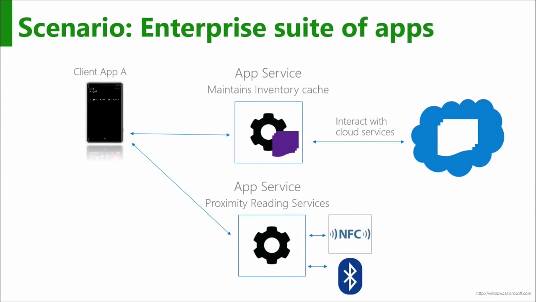Another one, and this is a big ask for us. Particularly from our enterprises, you have a suite of apps. So the idea is that you have a line of business suite of apps that all handle aspects of a worker's working day. You might have a time card app, a scheduling app, an NFC app, and all of these things. Beacons, perhaps. Bluetooth beacons, yeah.